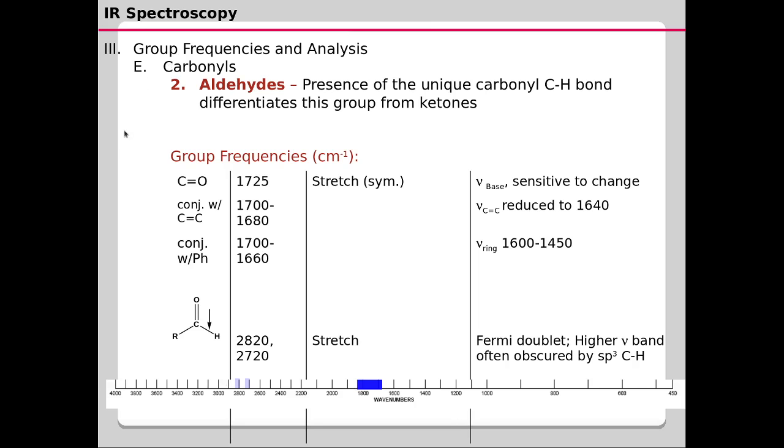Having seen how factors such as inductive effect and resonance effects affect the stretching vibrational frequencies of carbonyl functional groups, we are now going to consider the stretching vibrations of carbonyl functional groups in several classes of compounds such as aldehydes, ketones, acids, esters, amides, and so on.